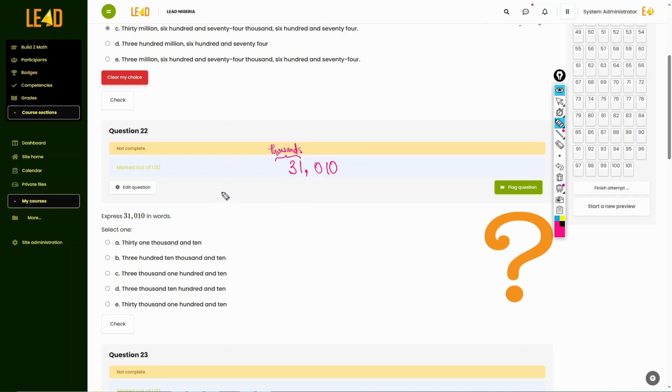So this is 31,000. You can just say 31,000, and then what's on the other side is just 10. So 31,000 and 10.